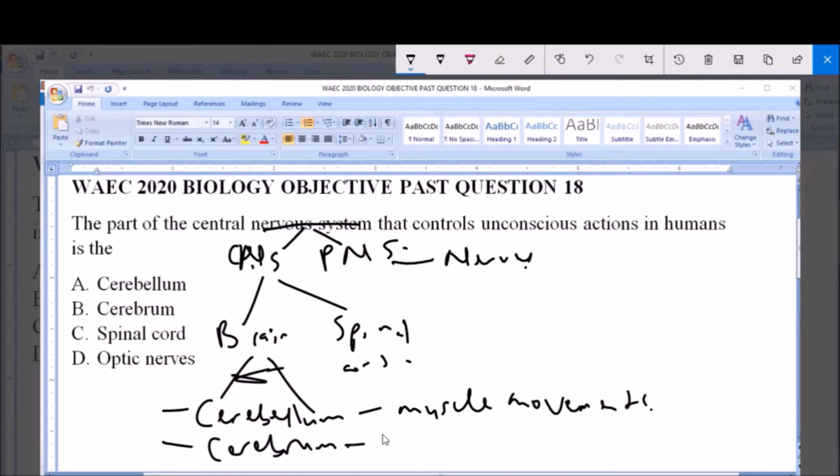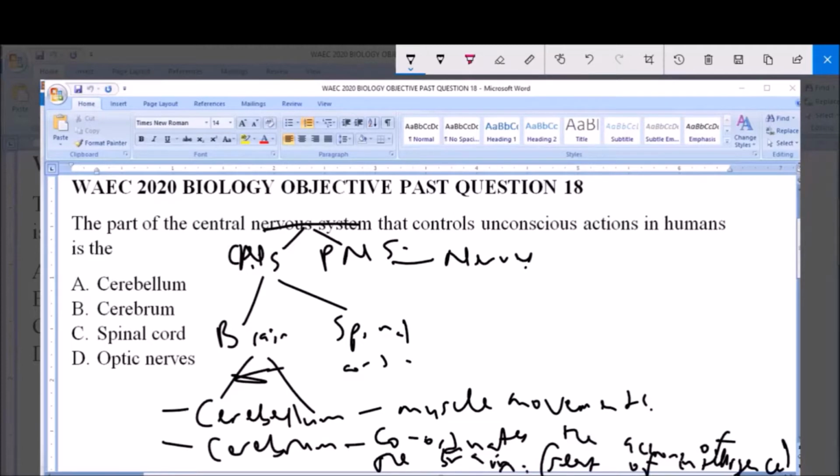So you can say it coordinates the actions of the brain. It is also sometimes called the seat of intelligence, as it has so much to do with receiving and processing various forms of information.